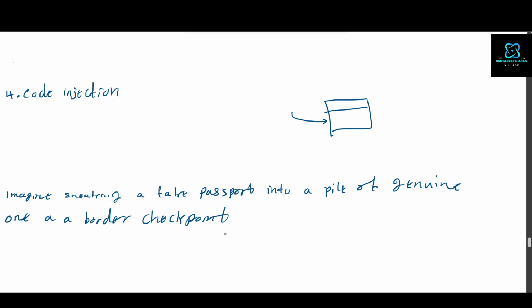Again, it depends which capability this checkpoint has. If it's not a digital one, then you hand your password, and if there is a fake one between them, it will be very hard for the security team to check and detect that. Okay, it depends on the capability and the knowledge of that checkpoint.